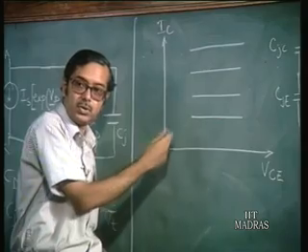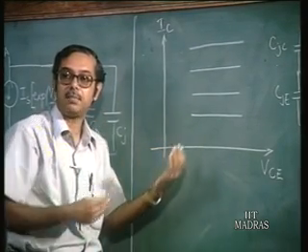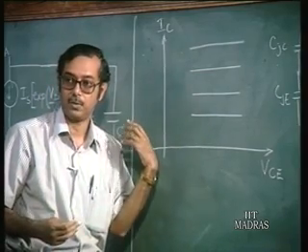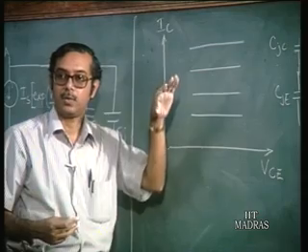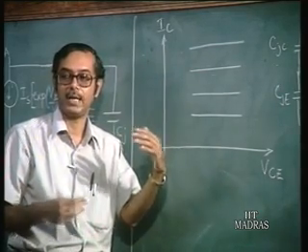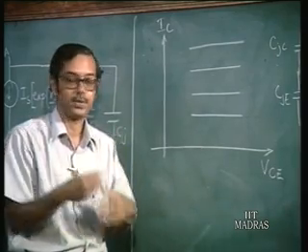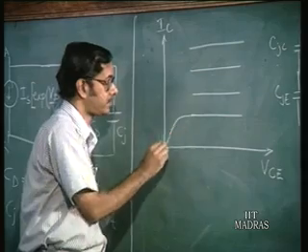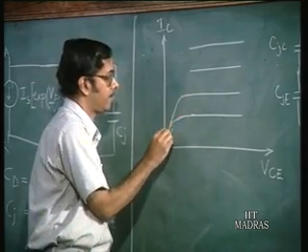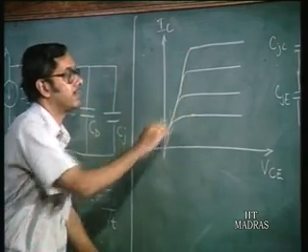But when you go to lower values of VCE, which means that basically you are tending to make the base collector junction go to forward bias, what happens to IC? It reduces. For the same IB, effectively the ratio between IB and IC is going to be reduced. So you have the characteristics something like this.